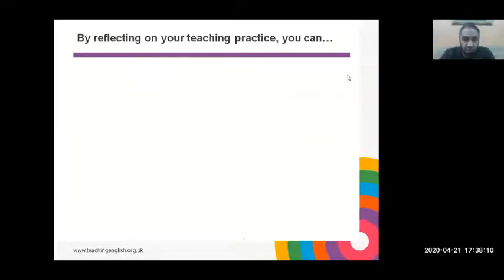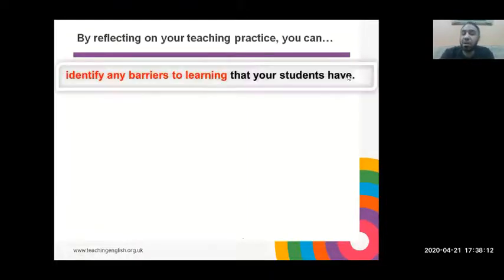So by reflecting on your teaching acts, you can identify any barriers to learning that your students have. If I conduct any lesson inside the class, for instance, I'm going to teach listening skills, a sub-skill like listening for details, I'm going to give the students a listening task and ask them some questions related to the detailed text that they have listened to.